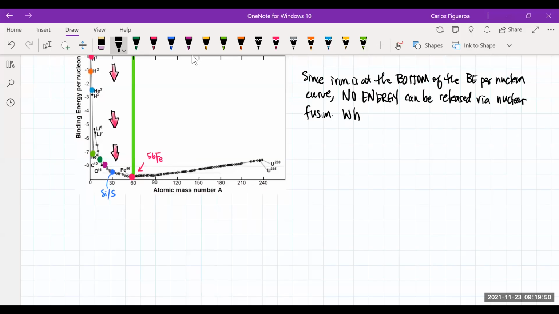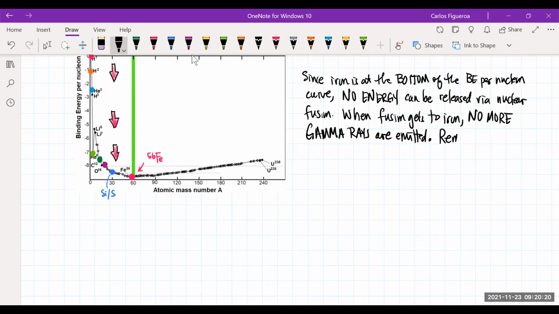So, in other words, when fusion gets to iron, no more gamma rays are emitted. That's a big deal.